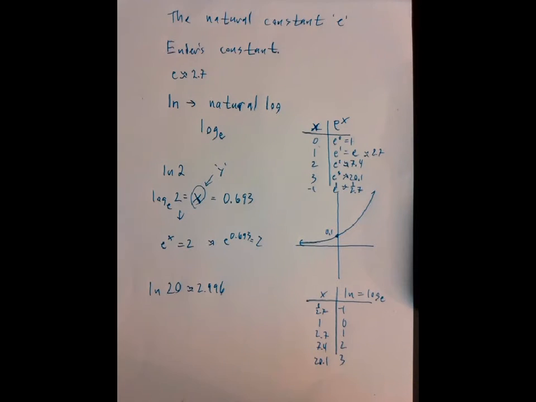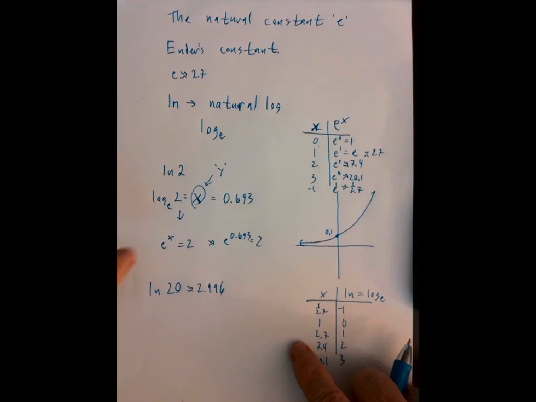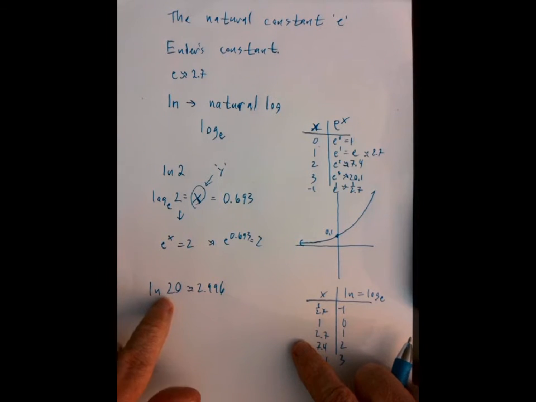Since it's really log base e, it follows all the rules and patterns that other logs follow. The laws of exponents would apply to the e exponent. The laws of logarithms would apply to the ln, the log base e. Okay. All right.